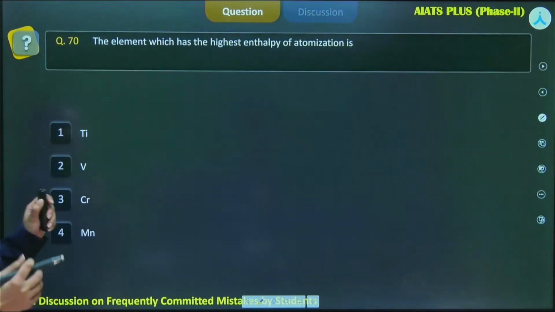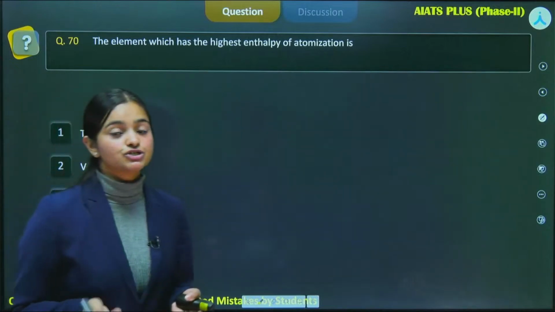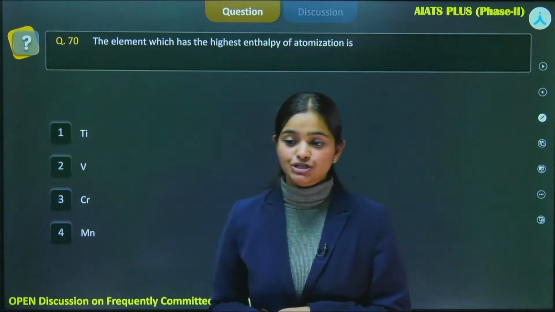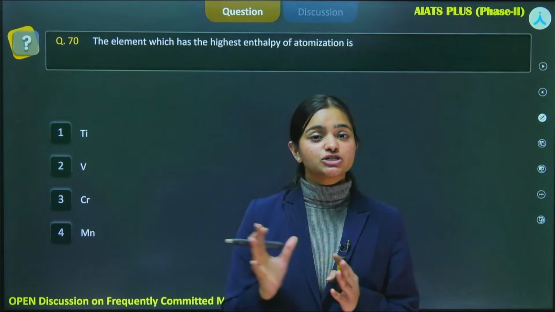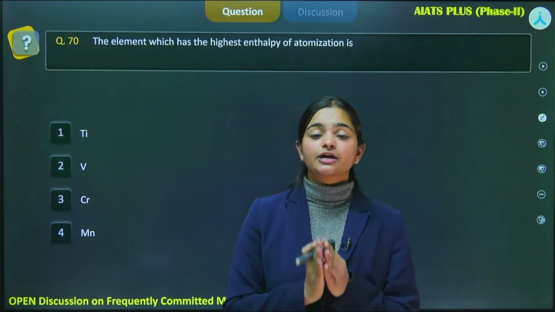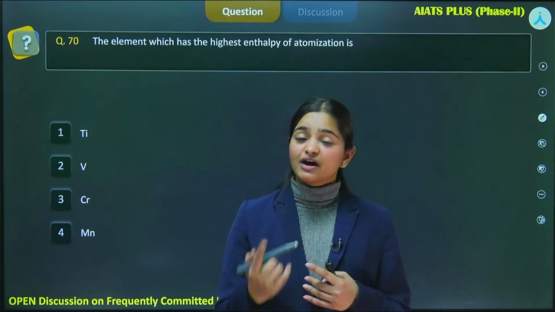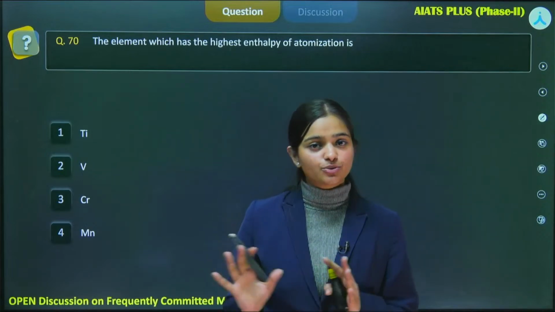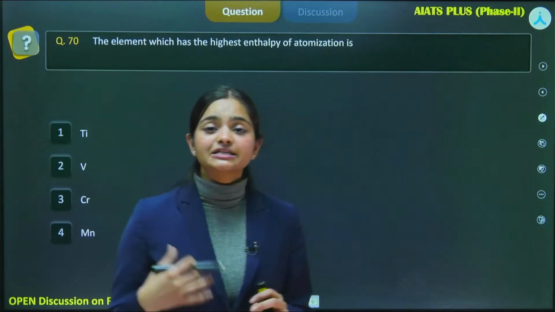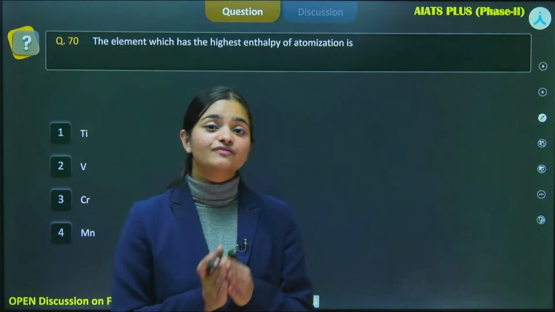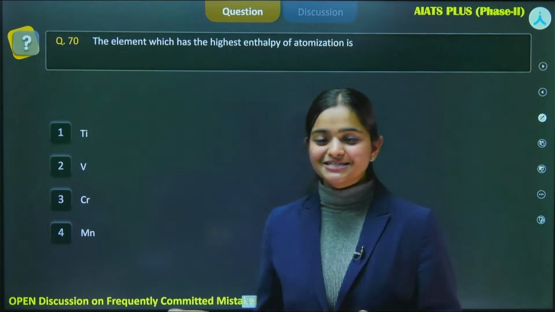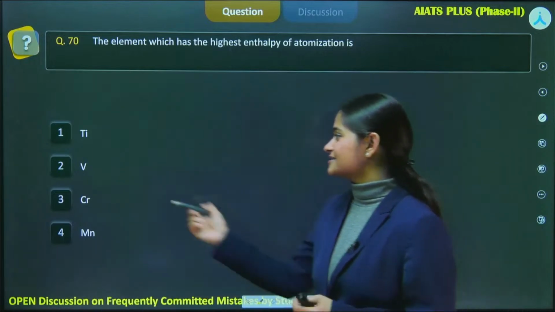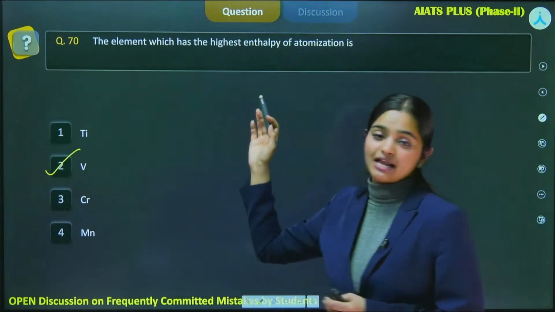The element which has the highest enthalpy of atomization. So what is enthalpy of atomization? Enthalpy of atomization is basically the energy required to break 1 mole of crystal lattice into its constituent atoms, right? Now in the 3D series, vanadium, mark your answers. I've already told the answer that vanadium has the highest enthalpy of atomization.